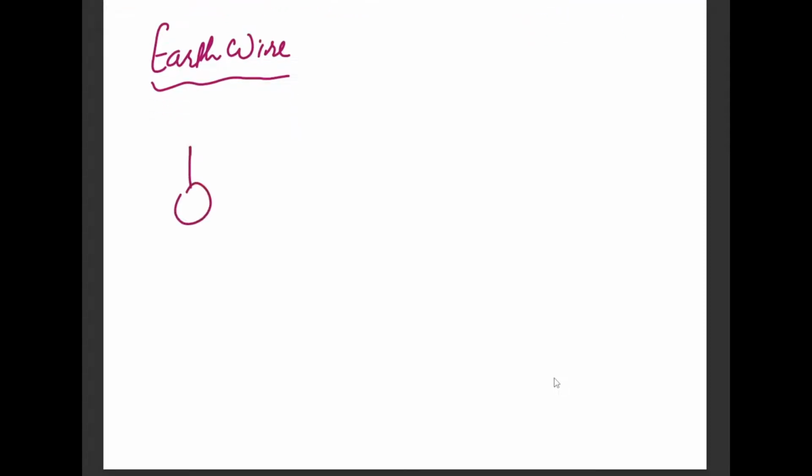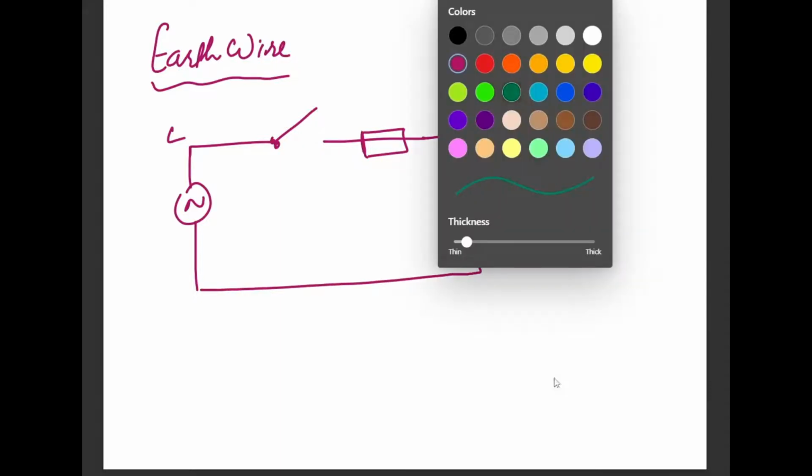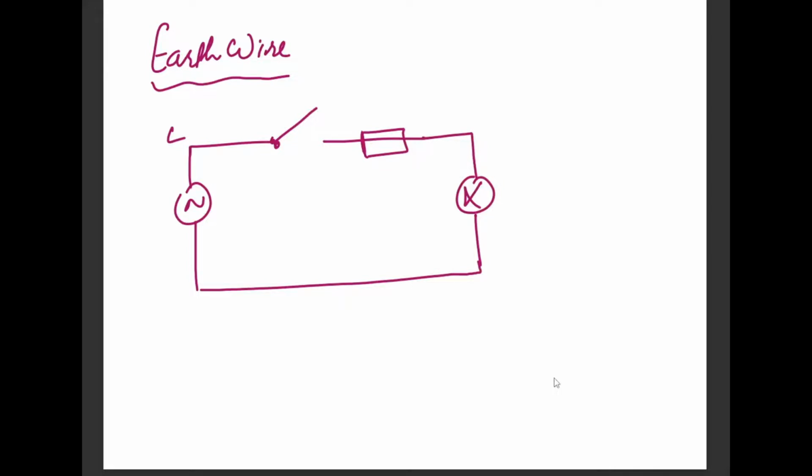So what are we doing right now? We have a live wire, we have connected a switch, we have a fuse in its place, so I'm adding all the security stuff over there, and then we have the appliance itself. Most appliances that we operate on a daily basis are enclosed in a metal container, like the washing machine, baking oven and microwave.